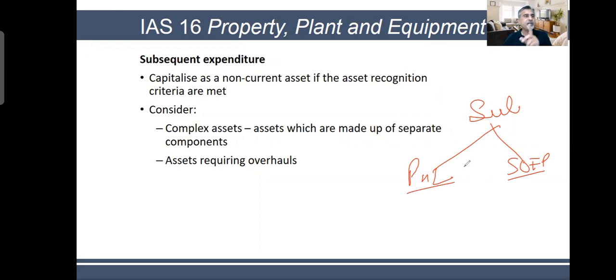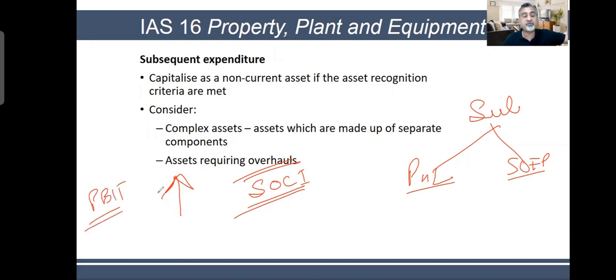Now, if you remember my previous session in which I was explaining SOCI, and in which I was telling you that managers always want higher profitability. They remember that PBIT line, profit before interest and taxes, and managers' performance is measured there. What do you think?